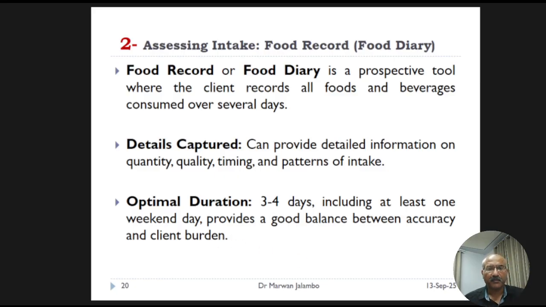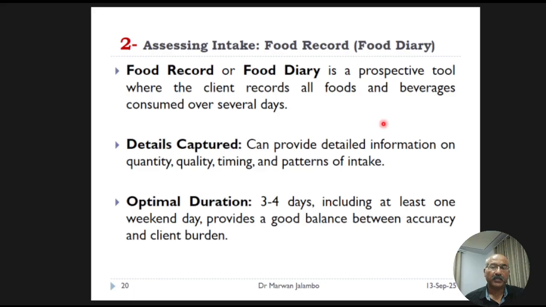The strength of the food record is the detailed data. All the quantitative and the qualitative data it provides on what was eaten, how it was prepared, and the timing and patterns of intake.